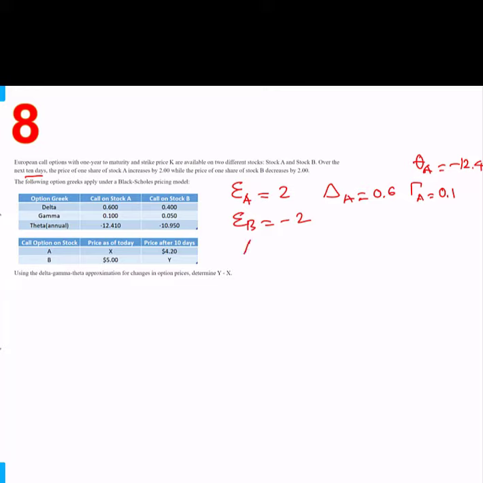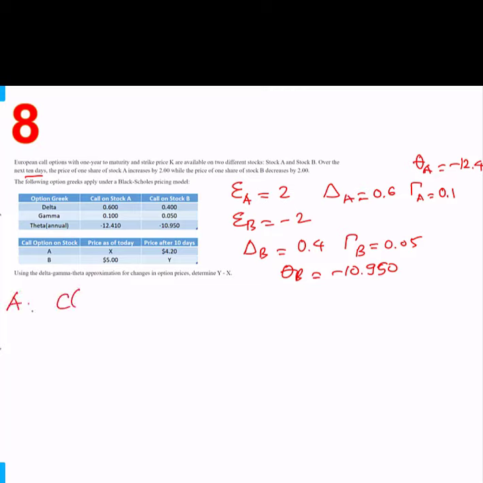For stock B, epsilon B is minus 2, delta B is equal to 0.4, gamma B is 0.5, and theta B is negative 10.950. And we got the call option price as of today.